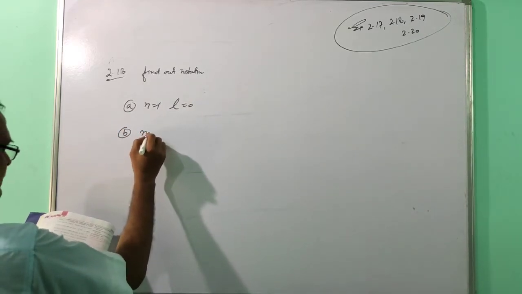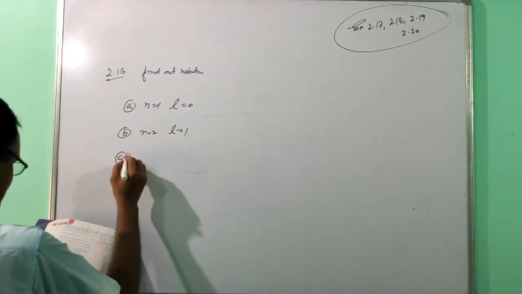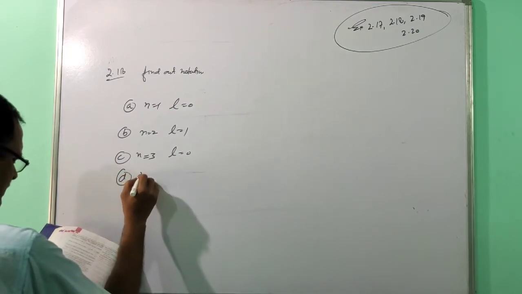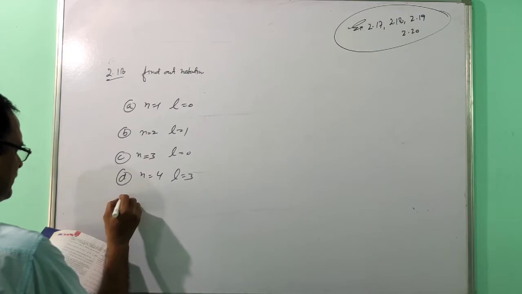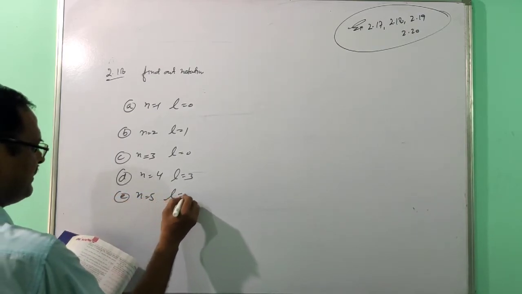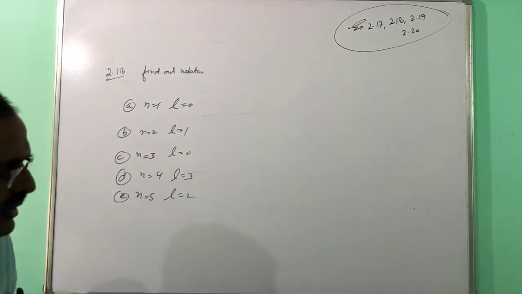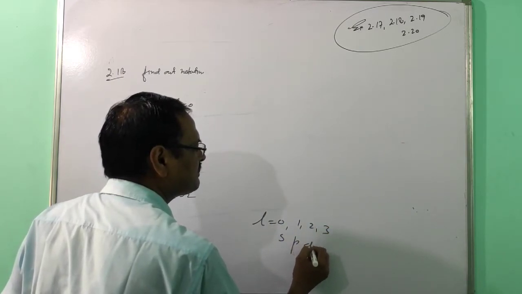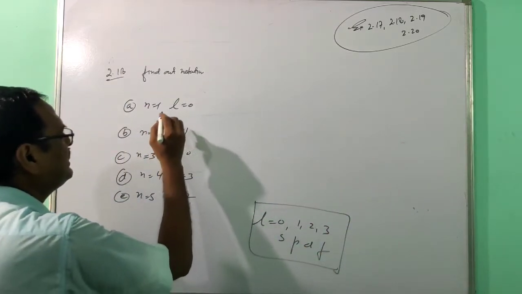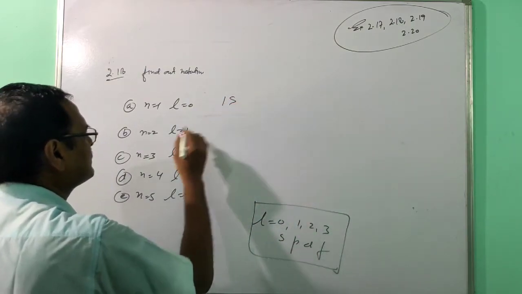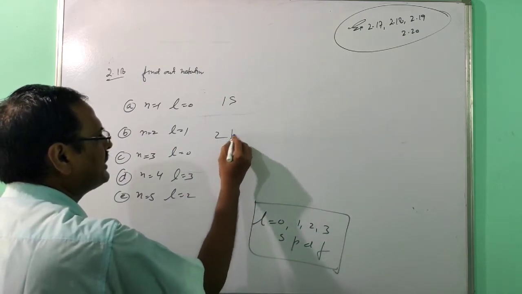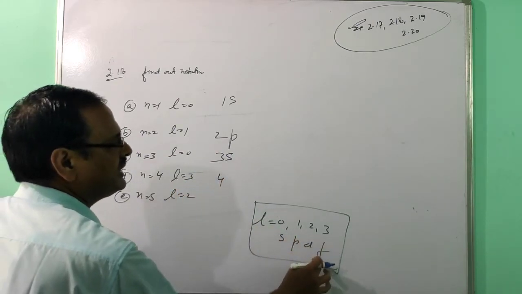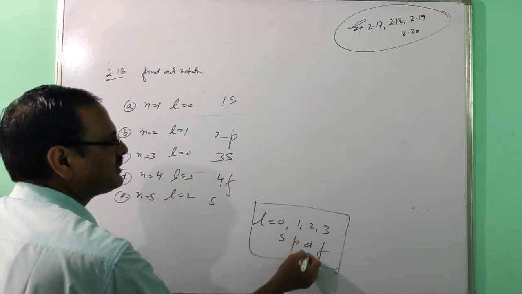B, n is equal to 2, l is equal to 1. C, n is equal to 3, l is equal to 0. D, n is equal to 4, l is equal to 3, and E, n is equal to 5, l is equal to 2. You have studied that l is equal to 0, 1, 2, 3 corresponds to s, p, d, f. So very simple: 1s, 2p, 3s, 4f, 5d.